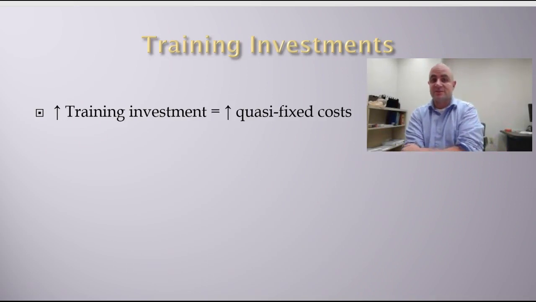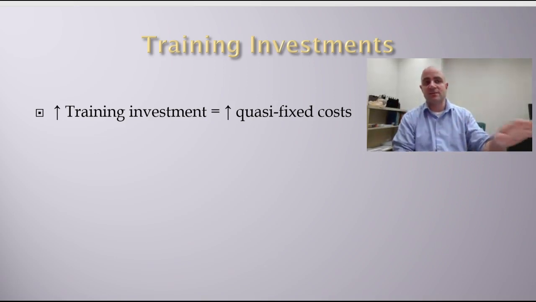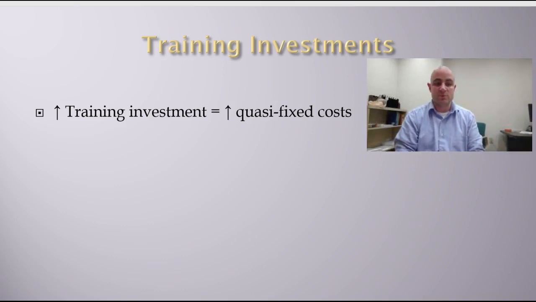So let's talk about training now. When you increase your training investment, you're increasing those quasi-fixed costs. These are the costs that the firms are incurring that they're not going to get recouped for. So employers have training decisions when it comes to their new employees. Now, new employees must get trained.